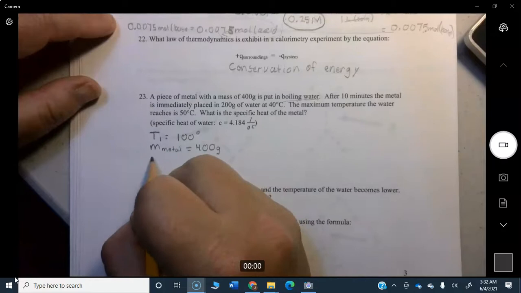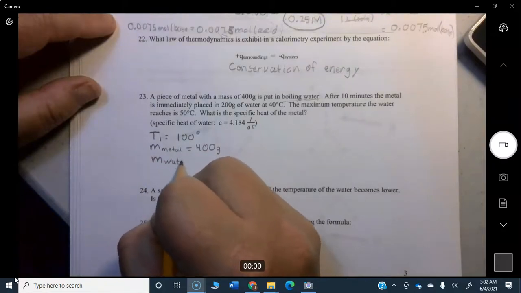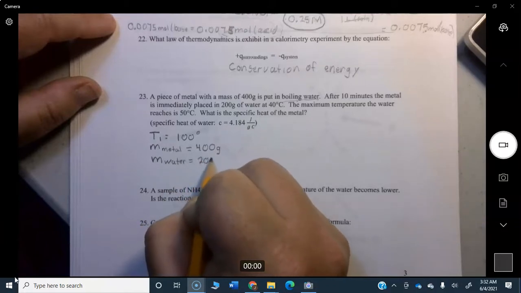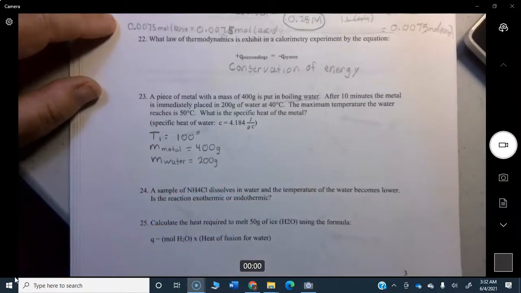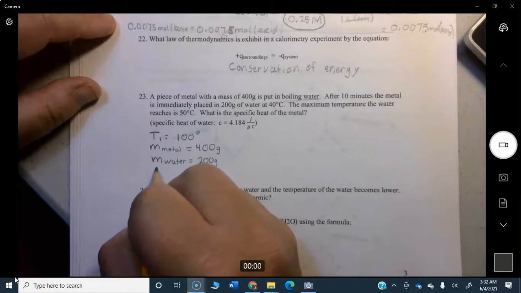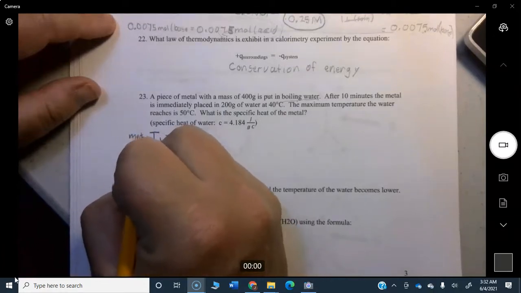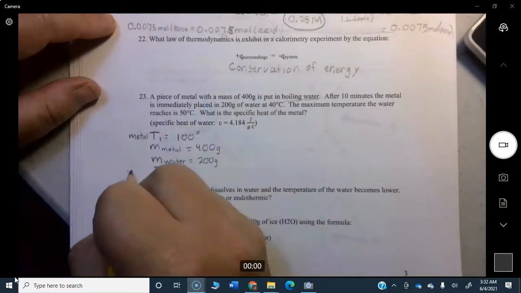Okay, then you're going to put it in 200 grams of water, so that's the mass of the water. And the temperature of the water, and this should be for the metal, the T1. So I'll write water out here.